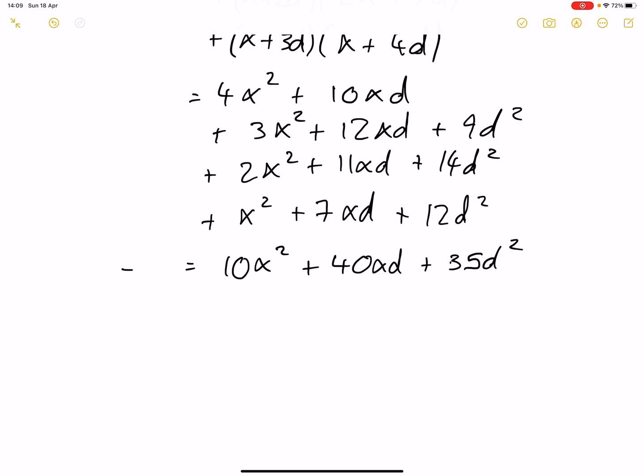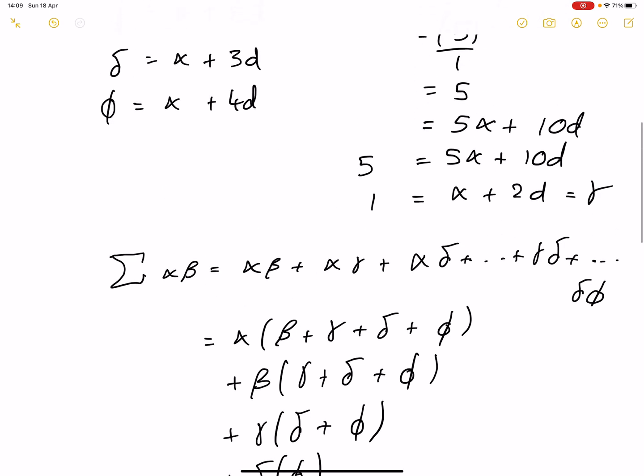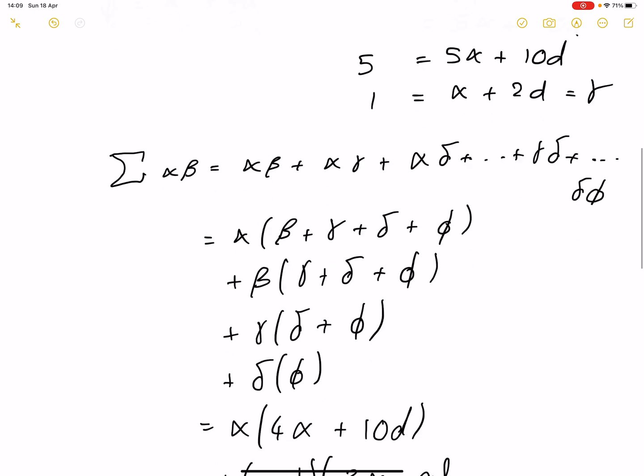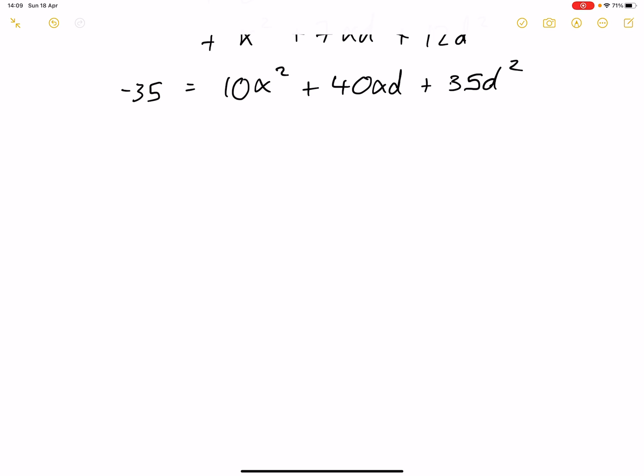And that will all be equal to minus 35, because of what we found, we know that the sum of the paired roots is equal to c over a, which is minus 35. So I'm going to take out a factor of 5 here. So minus 7 is equal to 2 alpha squared plus 8 alpha d plus 7d squared. And then I'm going to try and use my identity that alpha plus 2d is equal to 1.